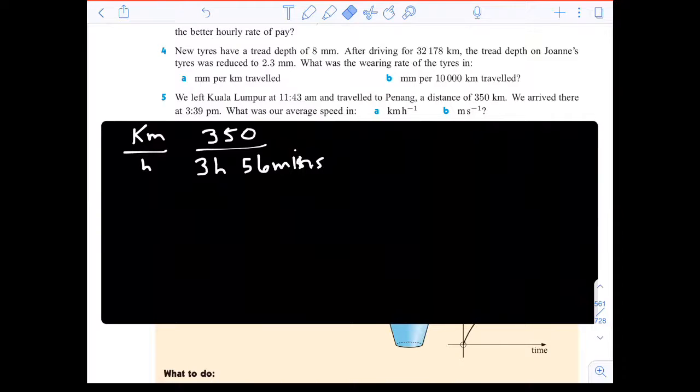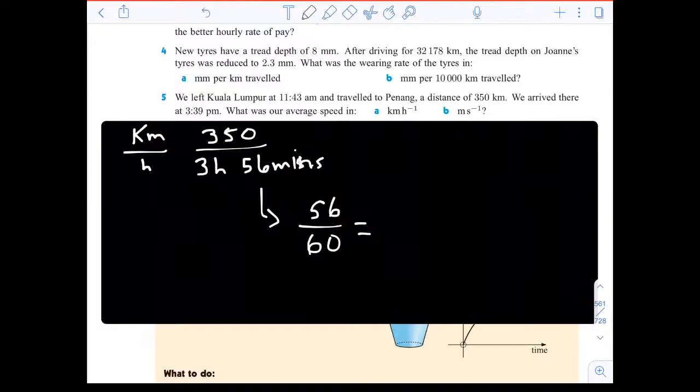Well, 3 hours and 56 minutes is not 3.56. So if I want to put this in terms of hours, what I need to do is find out what is 56 minutes in terms of hours. So if I was to do this, I would say, well, 56 divided by 60 will give me the decimal.